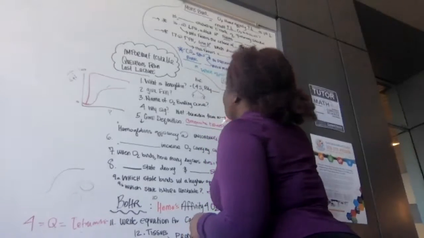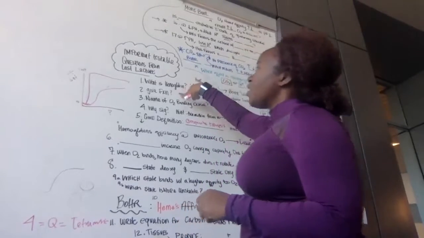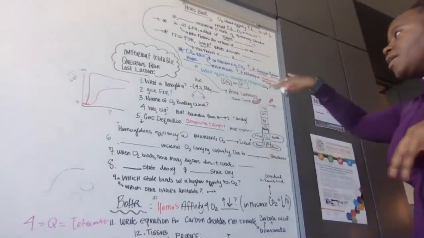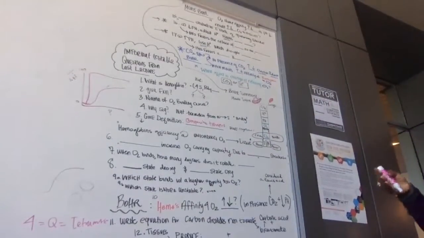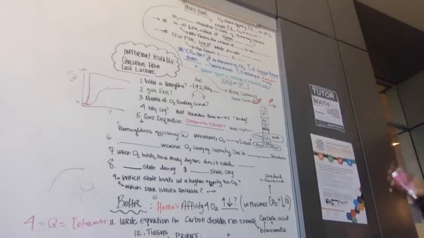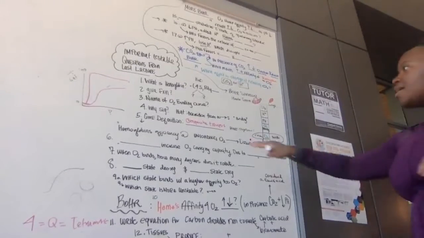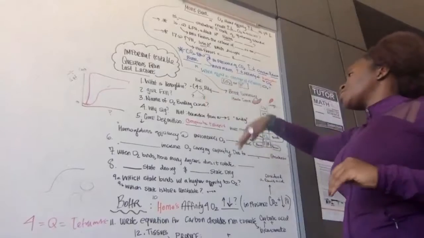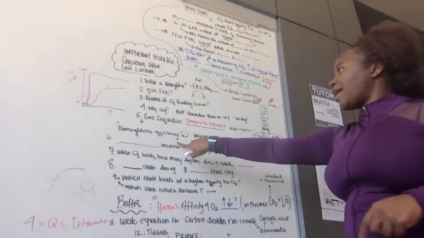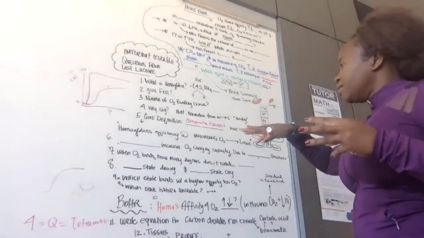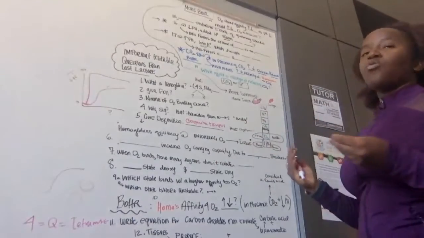Because you see how previously I was asking, give the function of hemoglobin, and the function of hemoglobin is to transport, but it does that in a specific way, and the way it does it is cooperatively. And so the next questions will go back and tie back why unloading O2 is a cooperative effort.